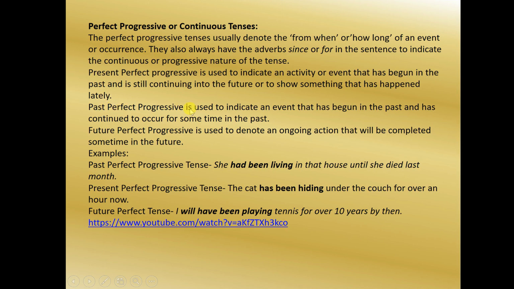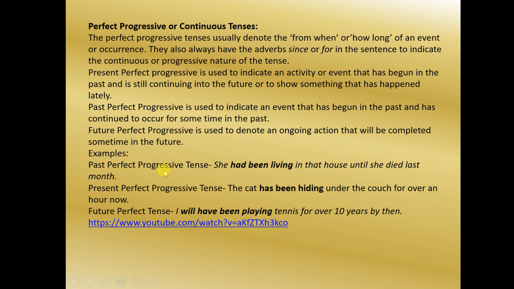Past perfect progressive is used to indicate an event that has begun in the past and has continued to occur for some time in the past. Future perfect progressive is used to denote an ongoing action that will be completed sometime in the future.